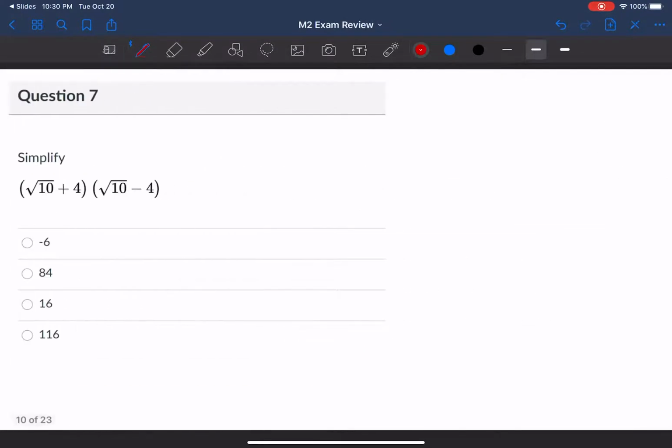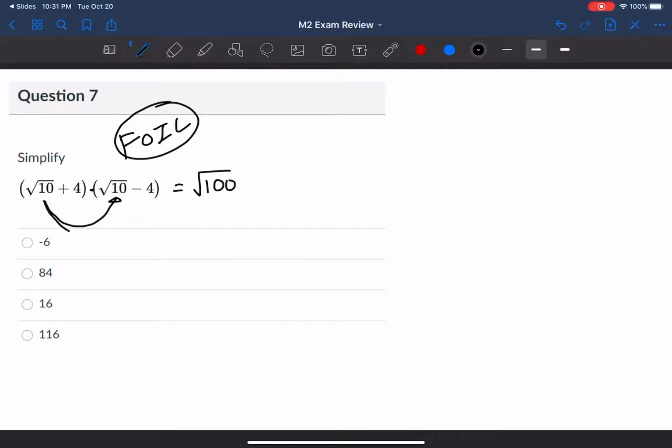Okay, question number 7. Radical. Remember, when you multiply this radical, you have to FOIL. Square root of 10 times square root of 10 is square root of 100. Next one, negative 4 and the root 10. Inner one, positive 4 times square root of 10.